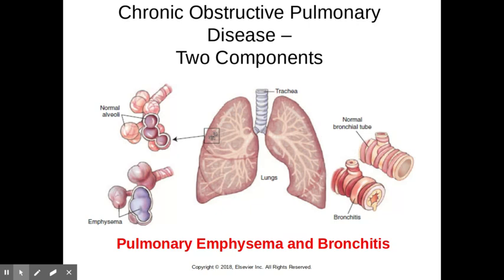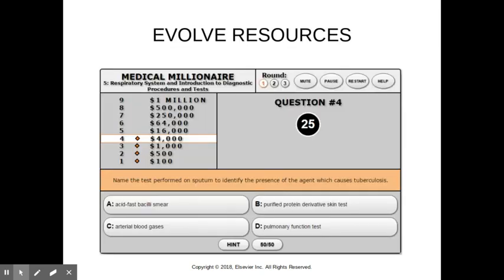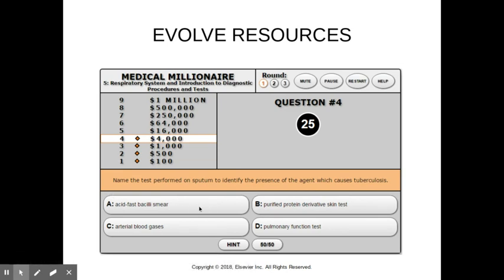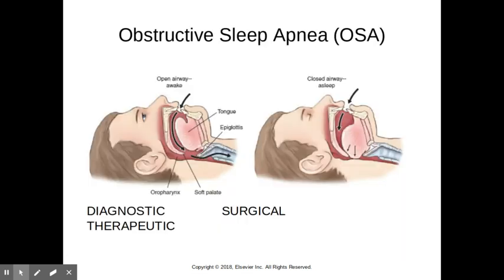And that happens with cough, anytime that you have mucus production in the lungs. So, the test performed to identify the presence of an agent that causes tuberculosis, well, that would be an acid-fast bacilli smear.